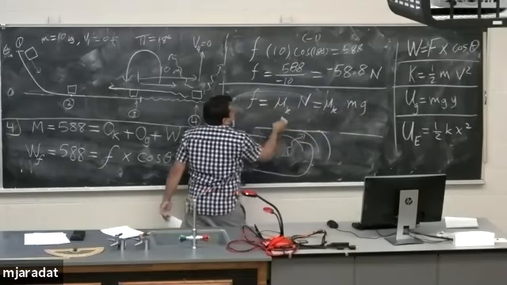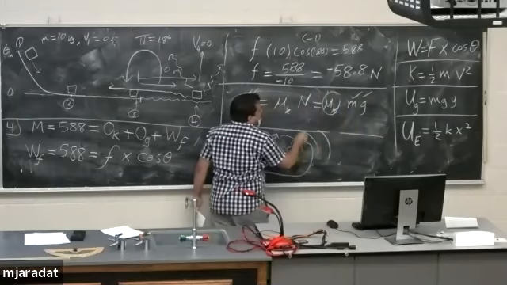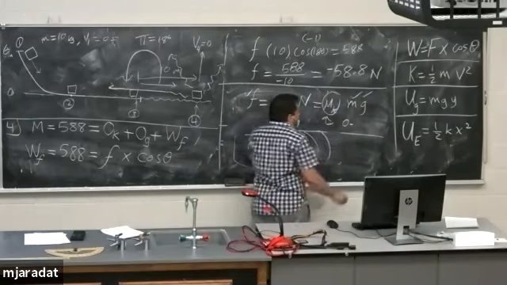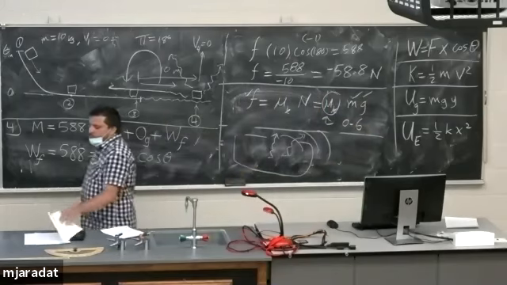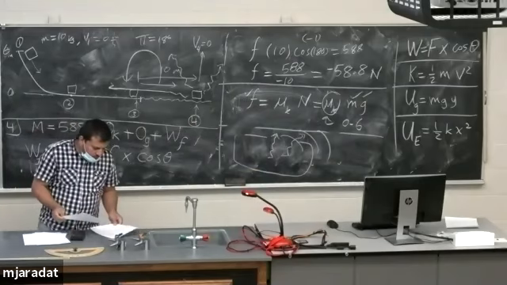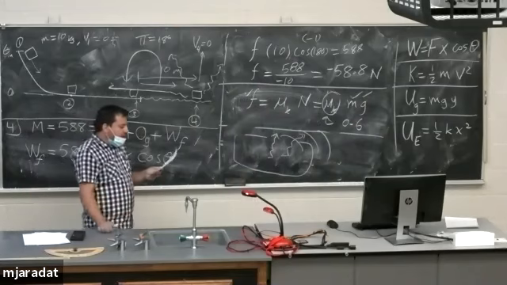We need to find the mu k. Mg is known. We just need to find this. It will be equal, I think, to 0.6, unitless. Page number 13.